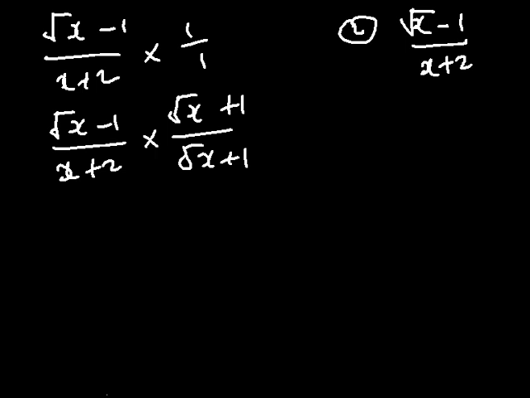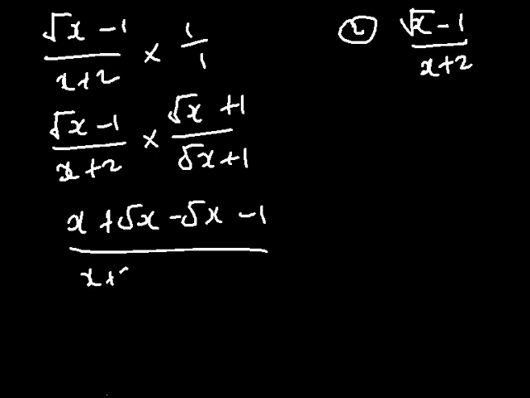We have the square root of x times the square root of x, which is x. Negative, the square root of x times positive 1 gives positive square root of x. And negative 1 times the square root of x gives negative square root of x. And negative 1 times positive 1 is negative 1. Which is divided by x plus 2 times the square root of x plus 1.